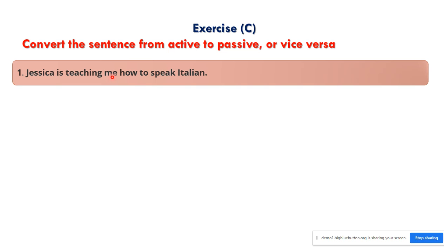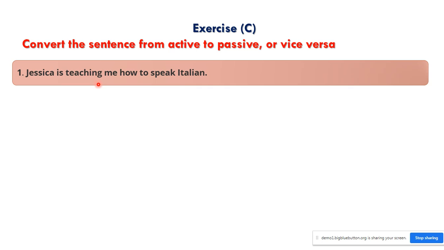So we have two steps. Number one, we switch the positions of the subject and the object. This comes first and this comes at the end. Number two, we convert the verb as we studied in the previous session. This is the present continuous.